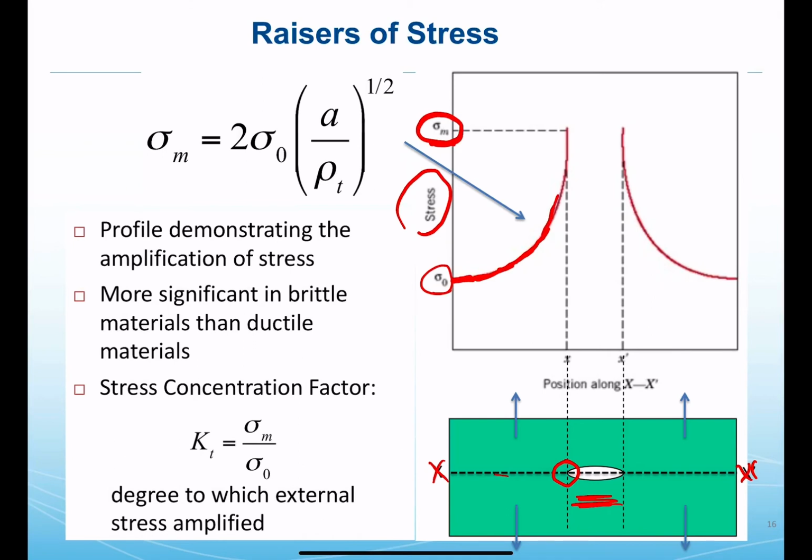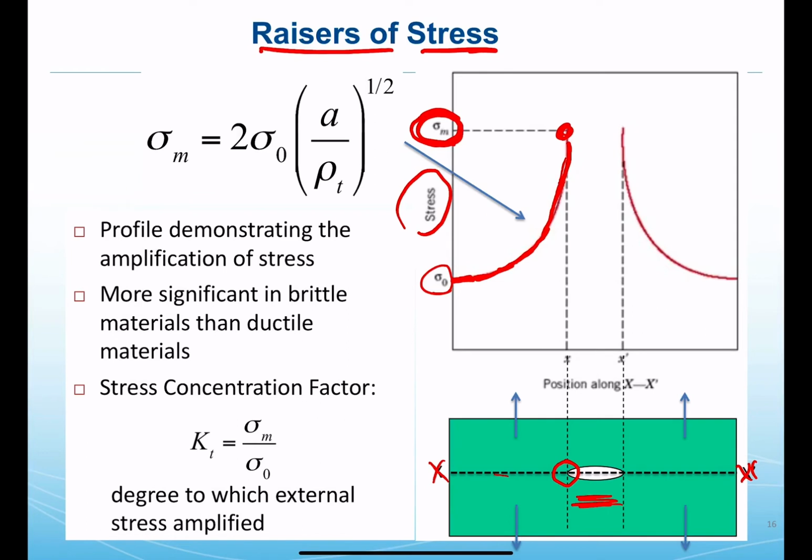So once we get close enough all the way to the tip of our crack, you can see that we reach the limits predicted by our equation, sigma m, and everything in between is a higher stress value than that applied on the bulk object. So this is the term and the concept of raising stress or stress concentration.